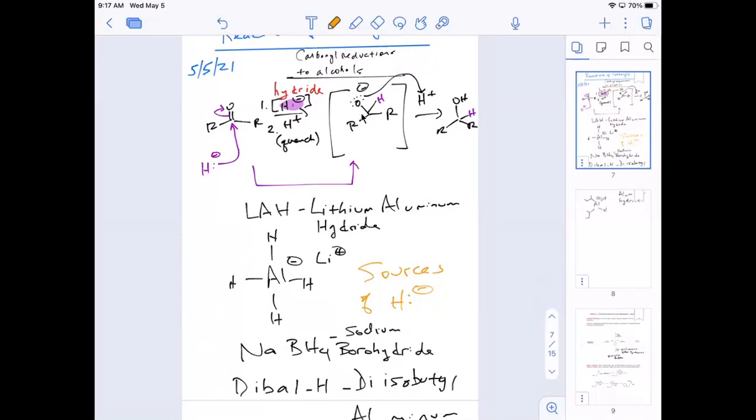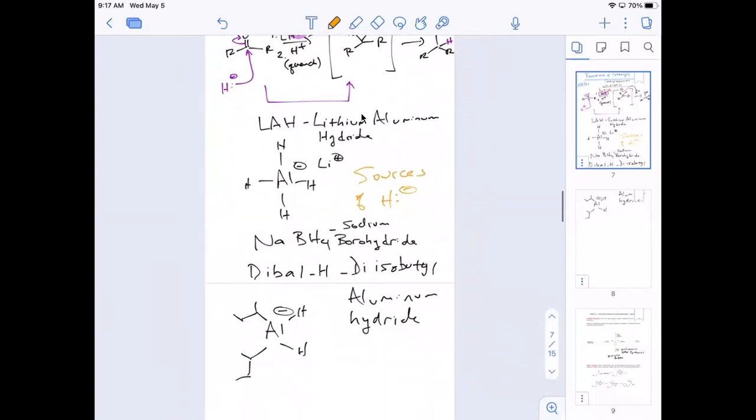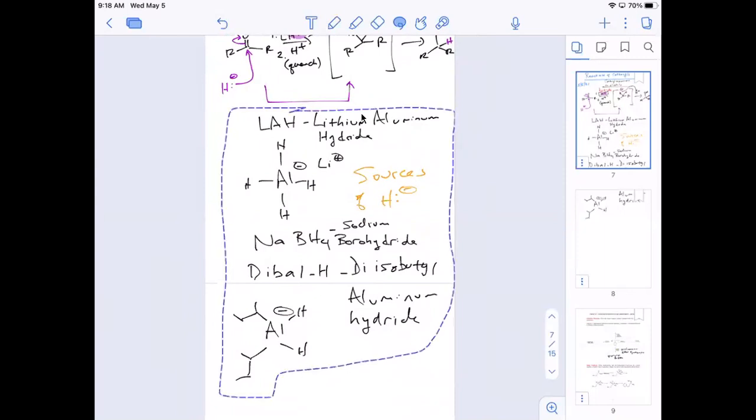Otherwise, it'll just sit at the alkoxide, because if there's a metal involved, like lithium or aluminum or sodium, it's going to form a salt with that alkoxide. So you have to quench it with a proton source to get to your alcohol. All right, so that's the first reaction that we're going to talk about with carbonyls. Today, that's what we're going to focus on: carbonyl reactions.